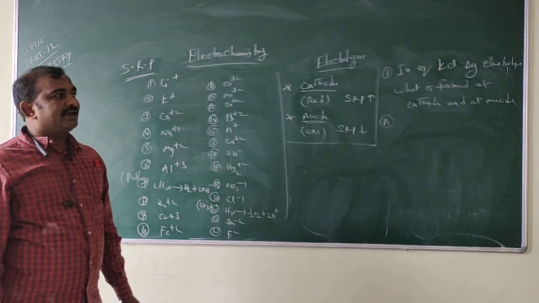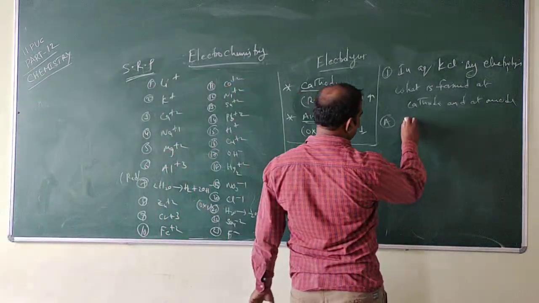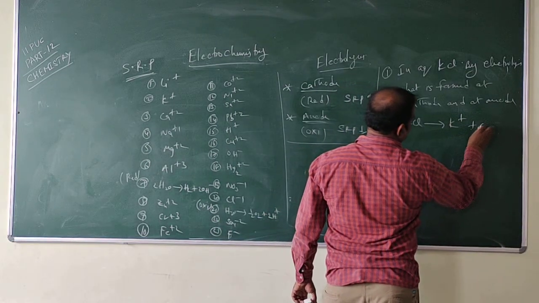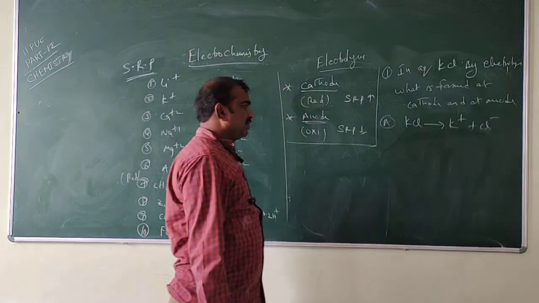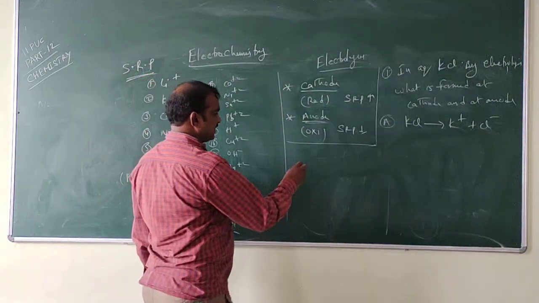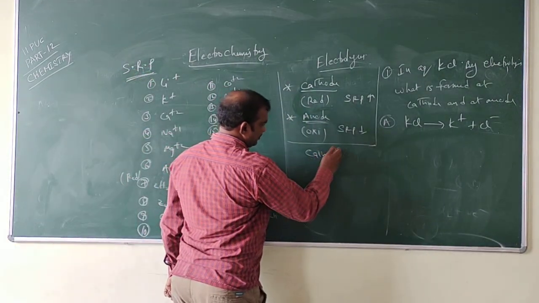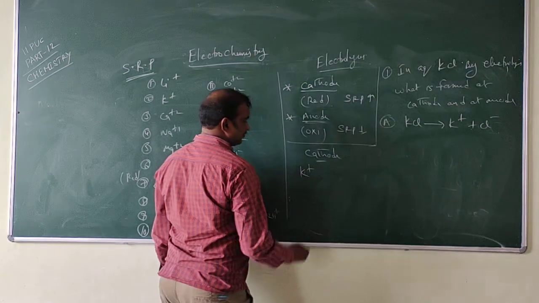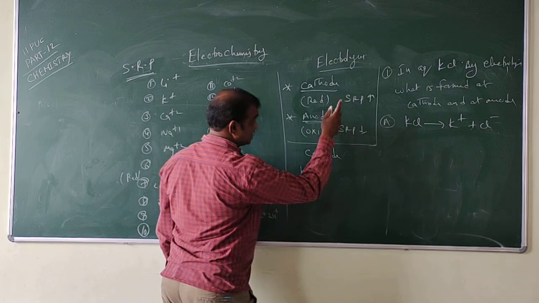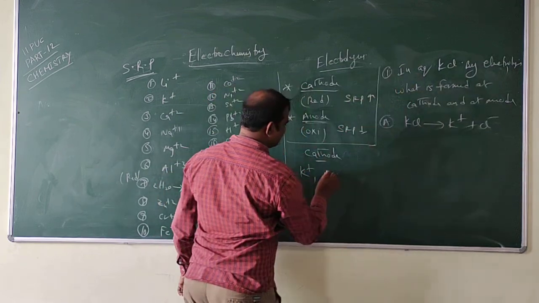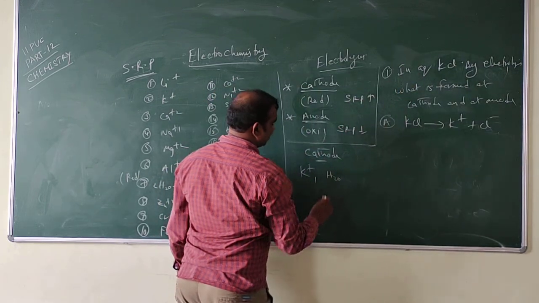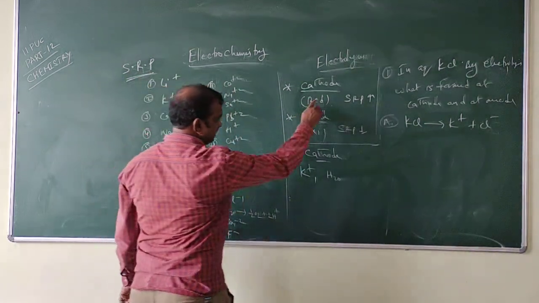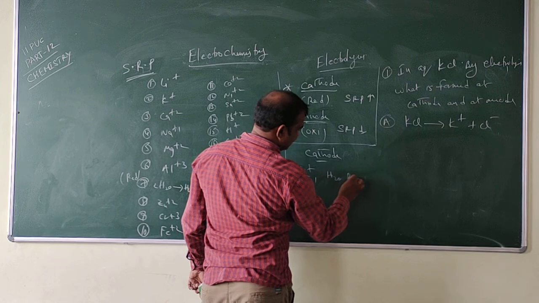KCl gives K plus and Cl minus. At the cathode there is K plus, and since it is aqueous, water is also there. Cathode means reduction takes place, so water reduction.